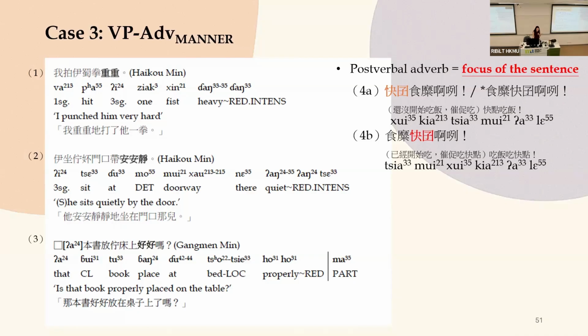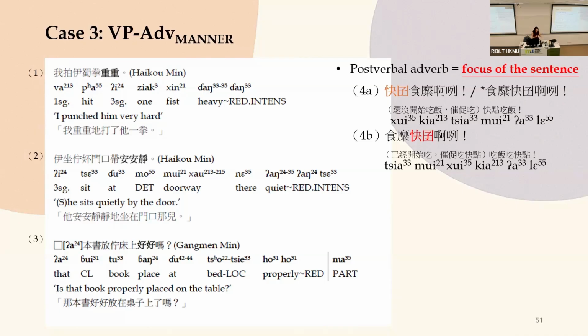And here, such contrast of preverbal and postverbal manner descriptive elements in terms of focus or pragmatic value is actually a very common Sinitic trait. Anything that happens before the verb is not the focus. After the verb, towards the end of the sentence, it's in natural focus position, and that would be interpreted as the focus.